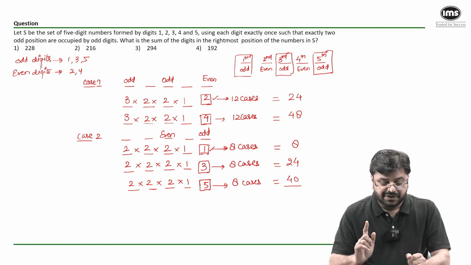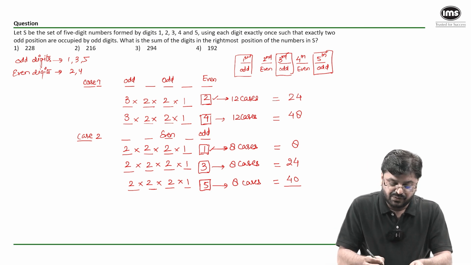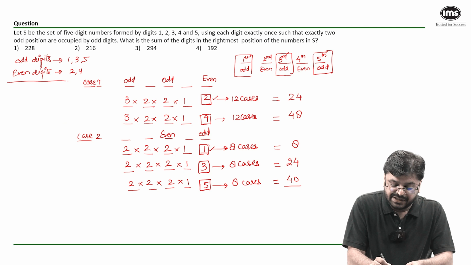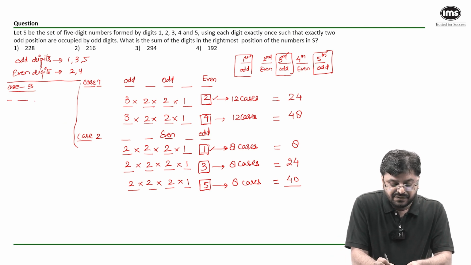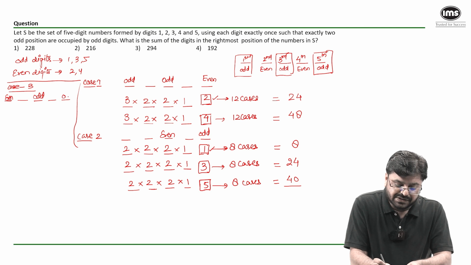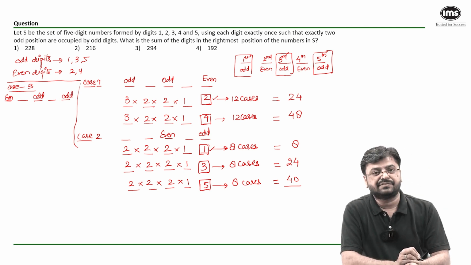Okay. But there is one more case which we need to write here. So I'm writing that case here. Please pay attention. That case is case 3. That is, if you fill this first odd place with an even digit and the remaining 2 odd places with the odd digits.